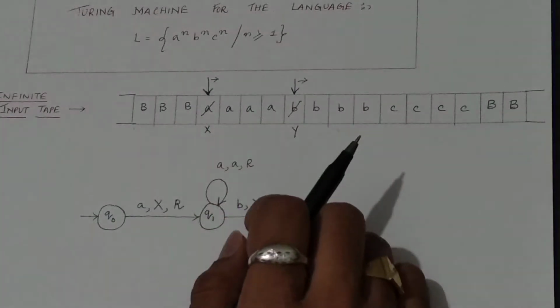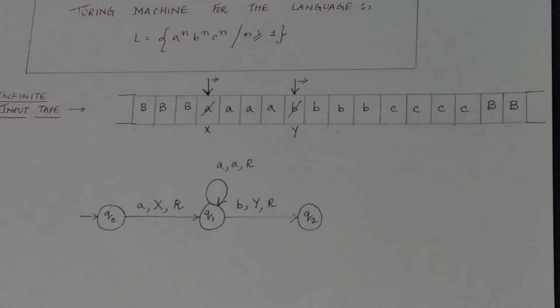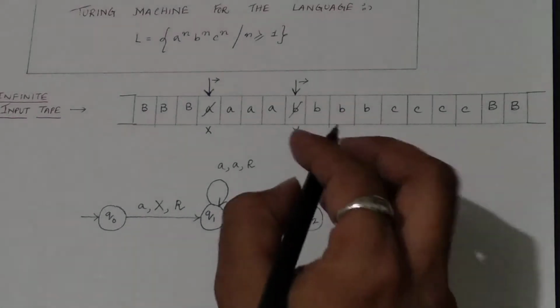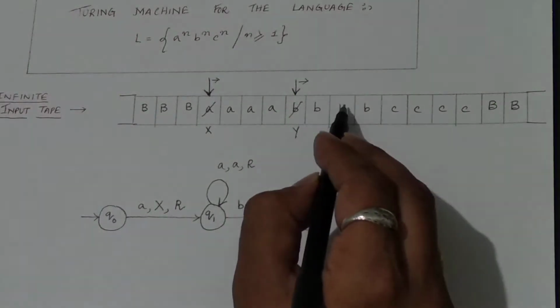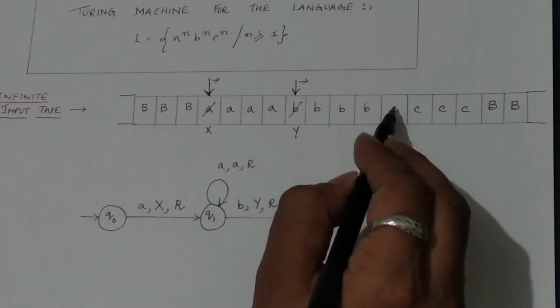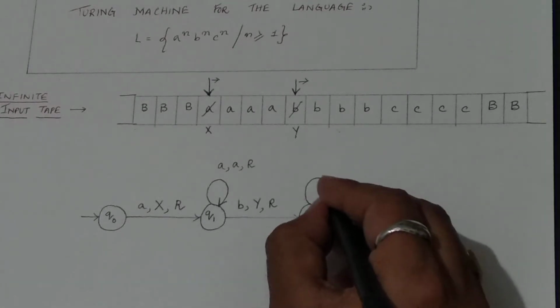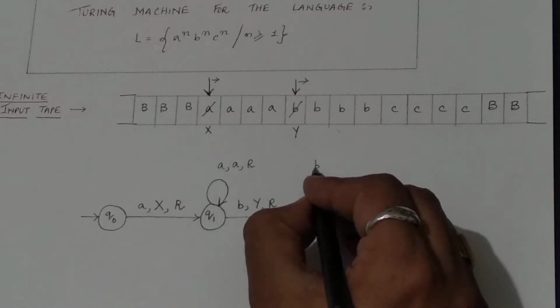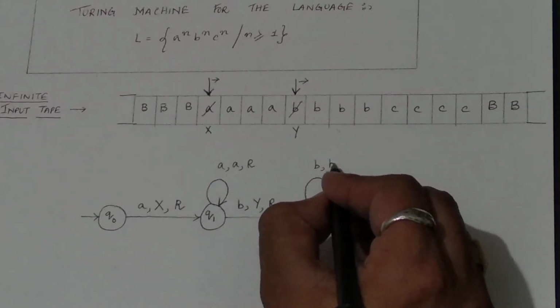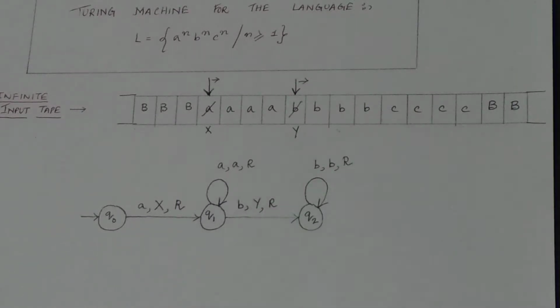Now let us check how to do this. After this position, the tape head will reach b, and again b, and again b, until it reaches c. I can take a self loop over here: on seeing b, nothing is to be done, that means replace by b only and move in the right hand side direction.